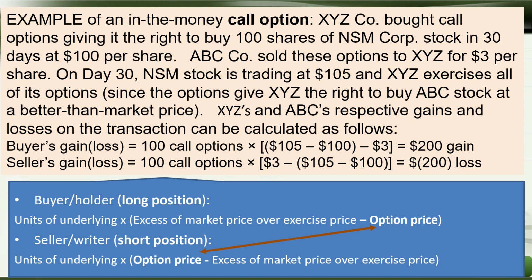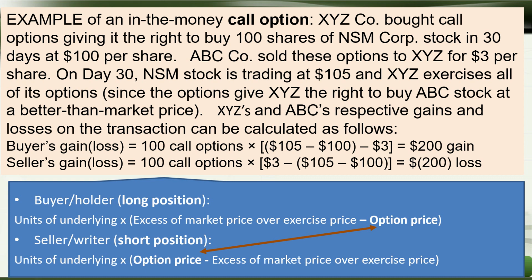When a call option is in the money, the XYZ company bought call options giving it the right to buy 100 shares of NSM Corporation stock in 30 days at $100 per share. ABC company sold these options to XYZ company for $3 per share. On day 30, NSM stock is trading at $105.